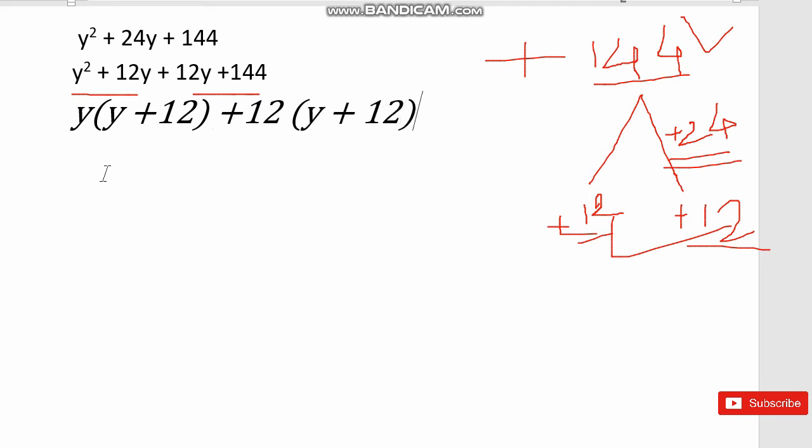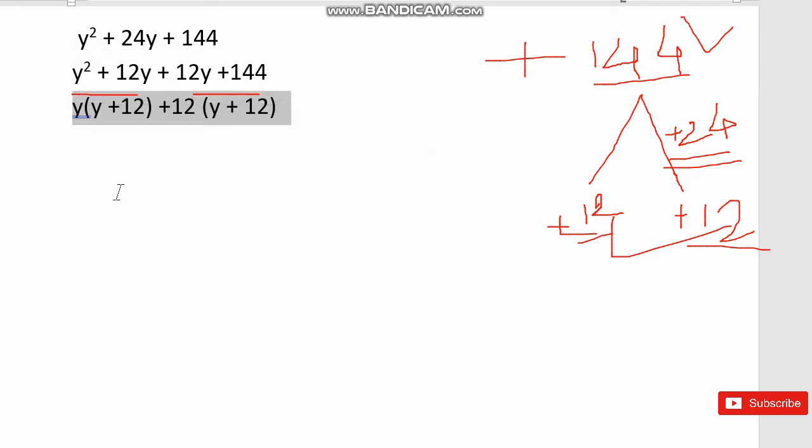We can use the same format for all steps. So we get y into bracket y plus 12 plus 12 into bracket y plus 12. Just see again, from y square plus 12y we get y as a common, and from the second group we get 12 as a common, and we get y plus 12 again.